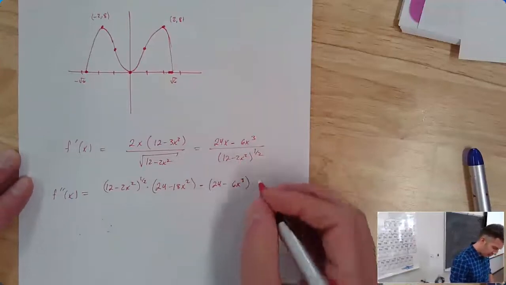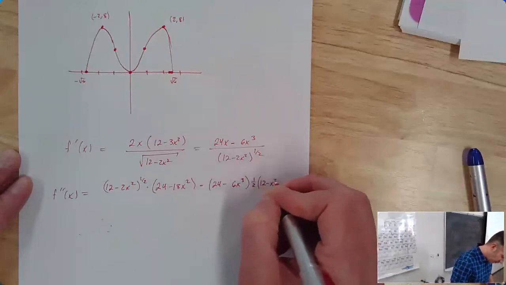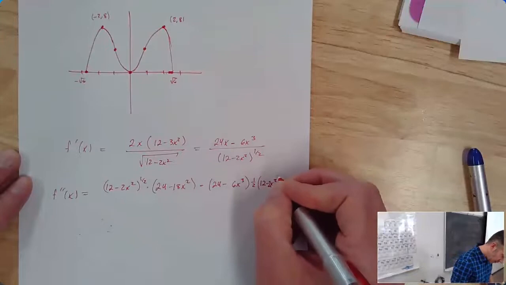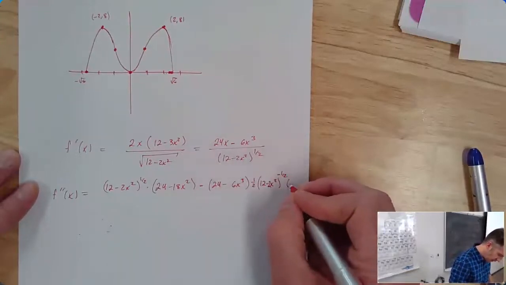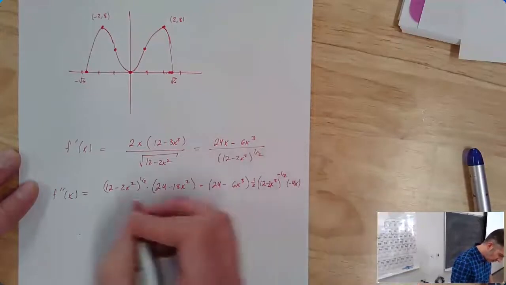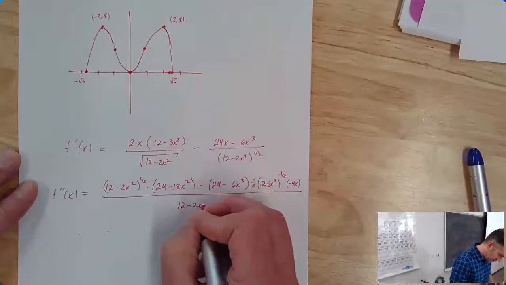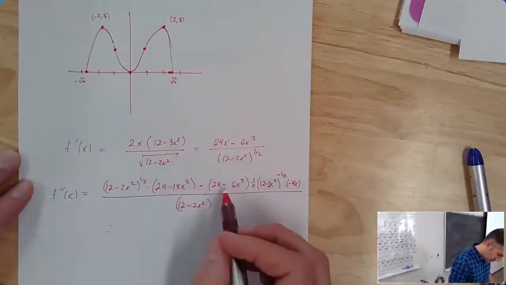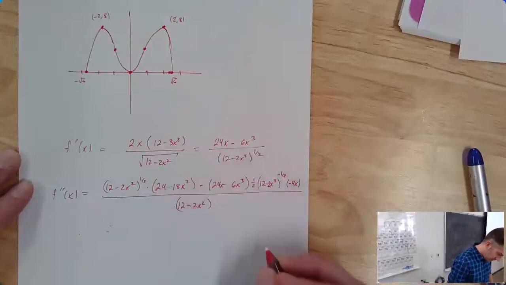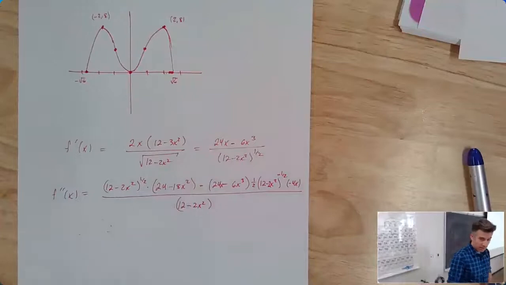And then the derivative of the bottom is going to be 1/2 times our stuff to the negative 1/2 times the derivative of the inside stuff, which is a negative 4x, all divided by the denominator squared. Oh, thank you. It's just rife with mistakes. So there's the whole thing.